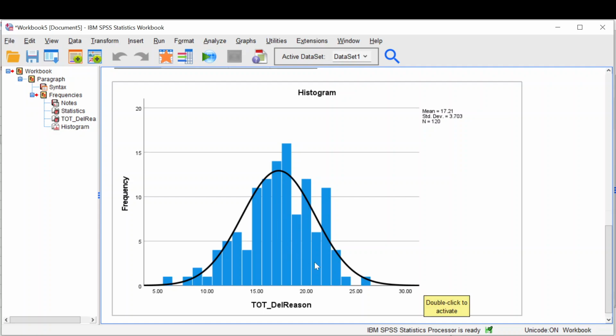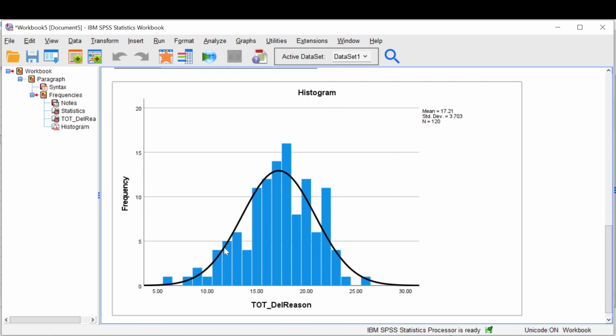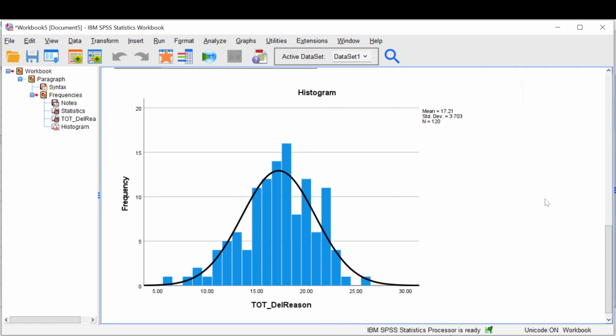There is a bit of a lean towards the right-hand side. So this data does have a slight indication of being negatively skewed. However, because that value was less than 0.5, you cannot conclude that the data is indeed skewed. So this is a normal set of measurements.